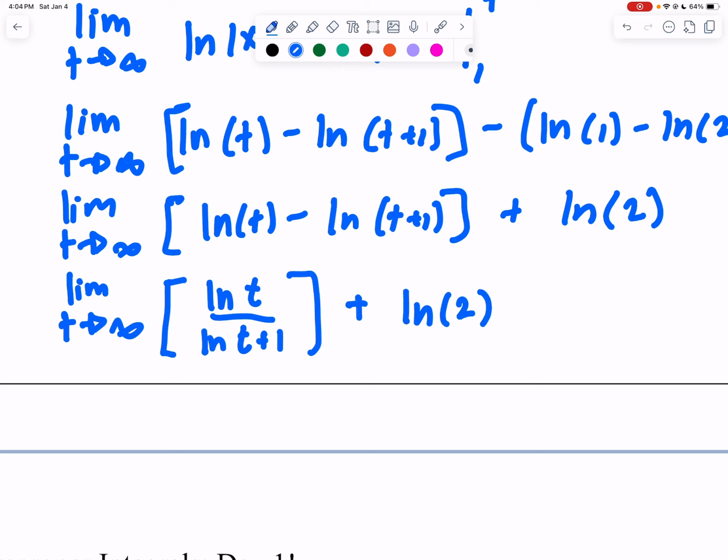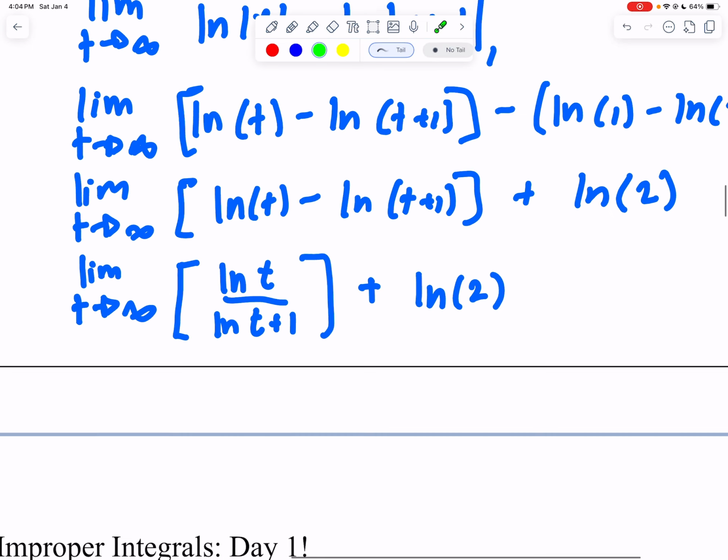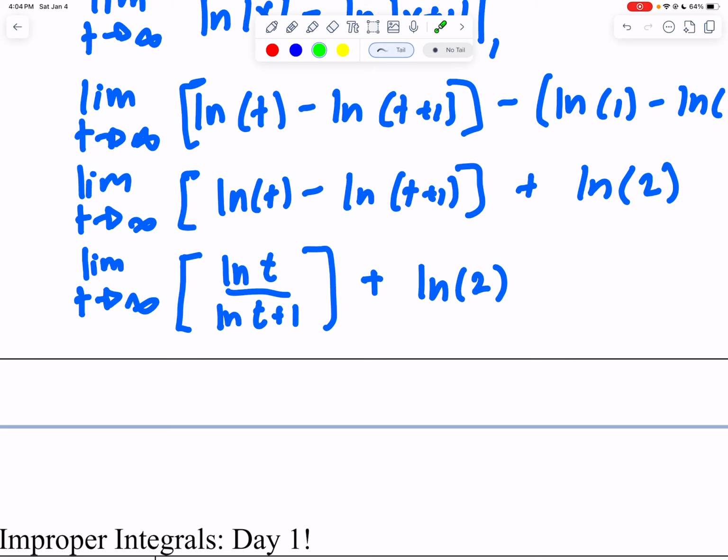And if I take the limit as t approaches infinity now, I can think about my degrees.